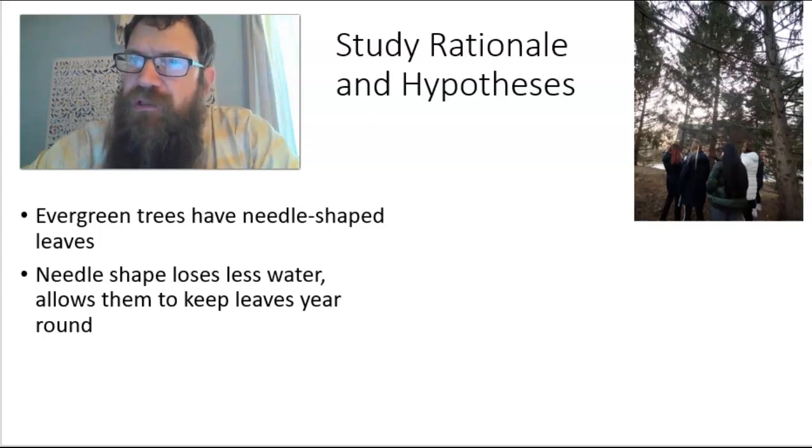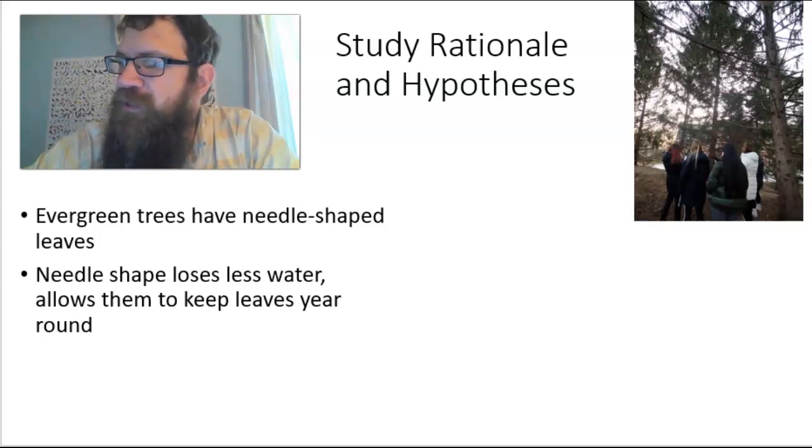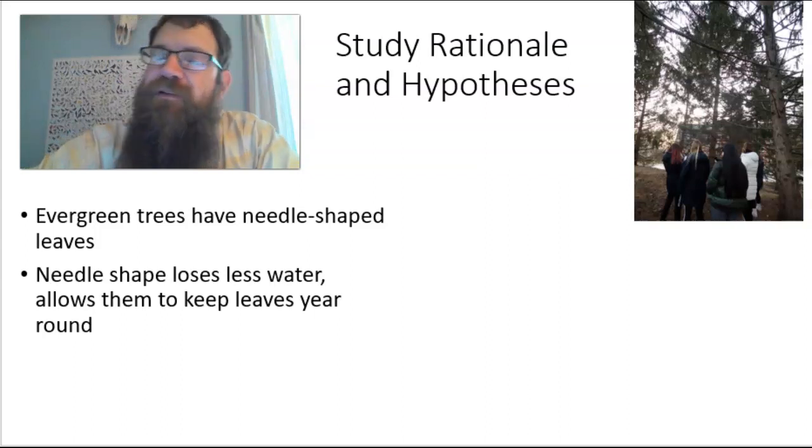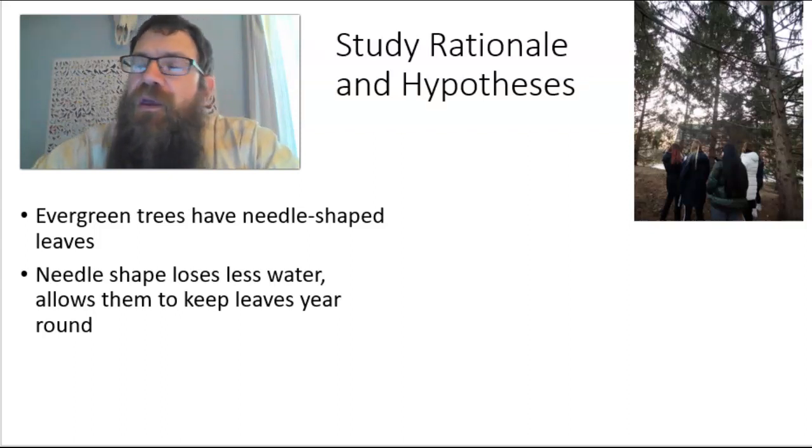And so during the cold winter months, when there's not a lot of water around, when the air is relatively dry, when precipitation tends to be solid, these needle-shaped leaves have a small amount of surface area, and so they tend to have less evaporation taking place. And so these trees are able to keep their leaves year-round, but they have this trade-off of having to have needle-shaped leaves to do it, to avoid losing too much water.